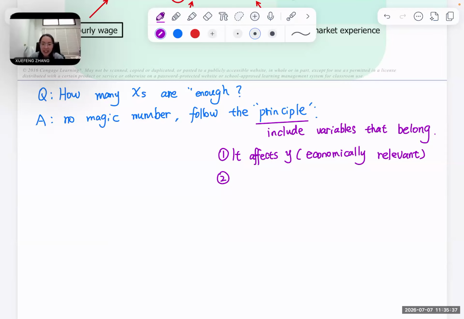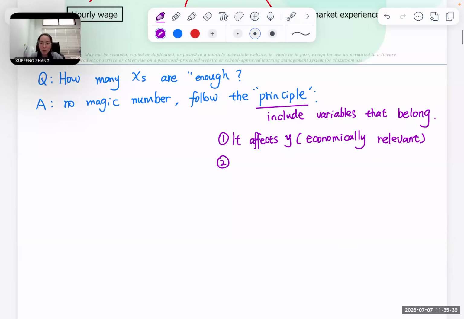Second, it's correlated with one or more of your other regressors.